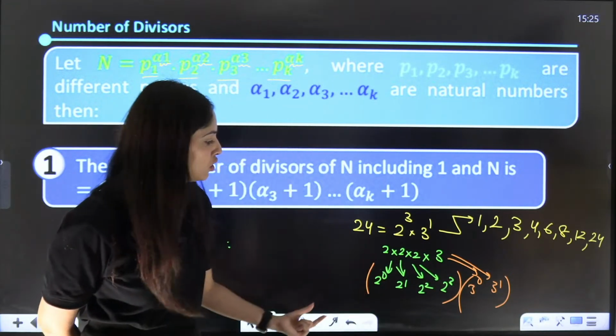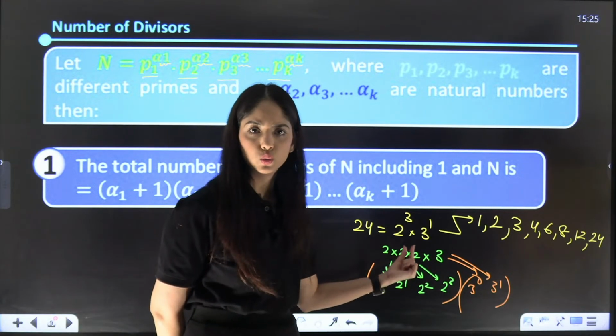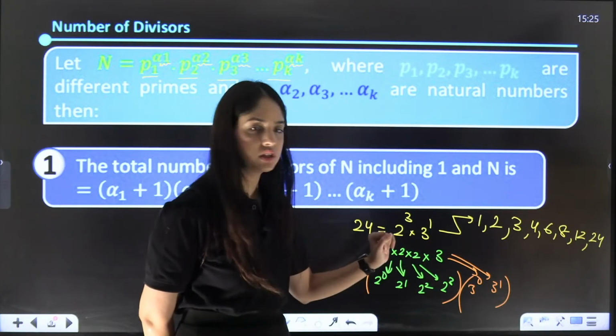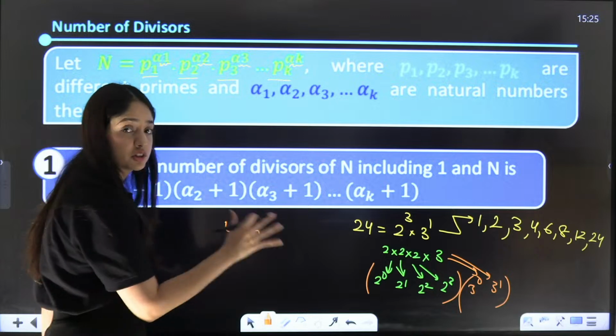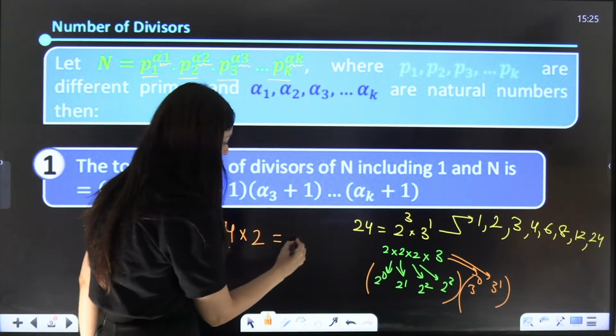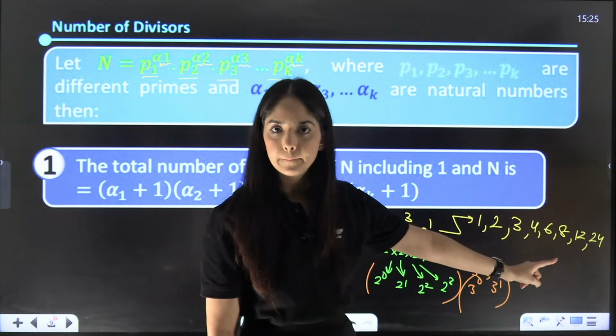That means we have 4 options for selecting 2's, including not selecting any, and 2 options for selecting 3. So in total, how many options of making a divisor are there? 4 into 2, 8, which is what we were getting.